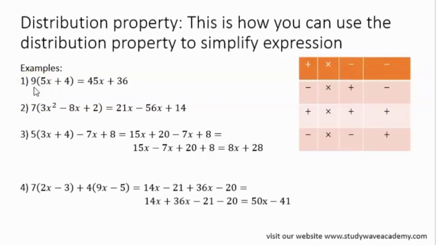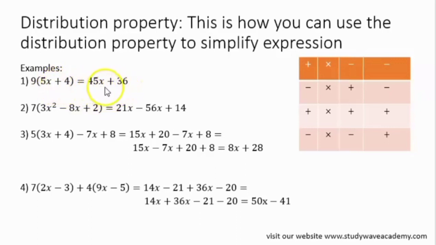When we times 9 times 5x, what will be our answer? 45x. Then the next step is to times the next number. We do 9 times 4, and our answer is 36.